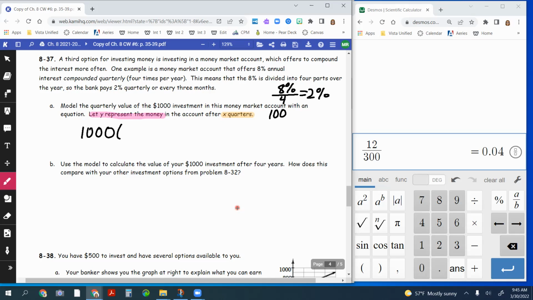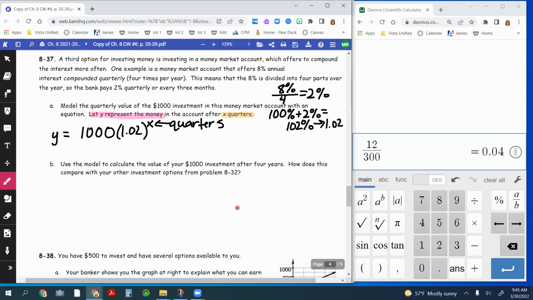And when we take 100% plus 2%, we get 102%, which is 1.02 as a multiplier. So 1.02 to the power x, where x is quarters. Okay, so we've got to be careful with that, not years.